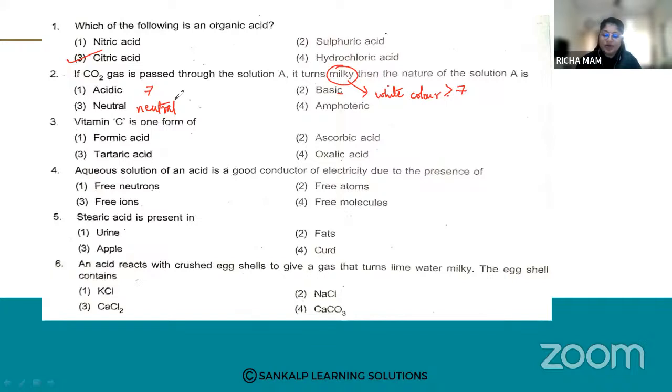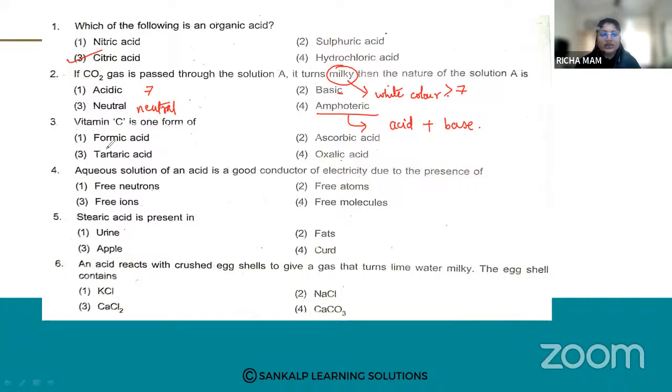What do you mean by amphoteric, students? Amphoteric substances are those which are able to react with both acid as well as base.